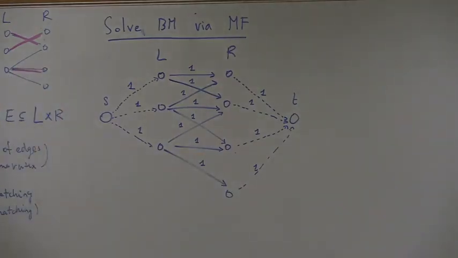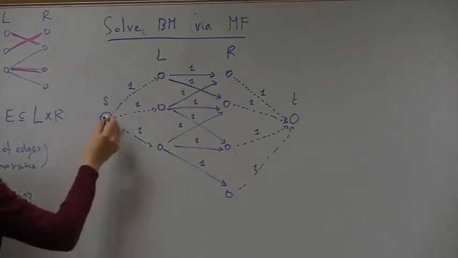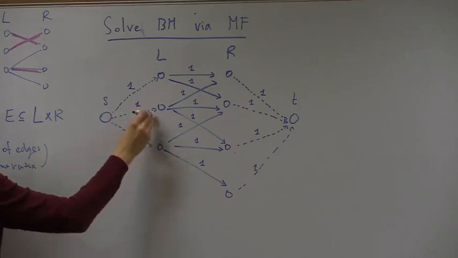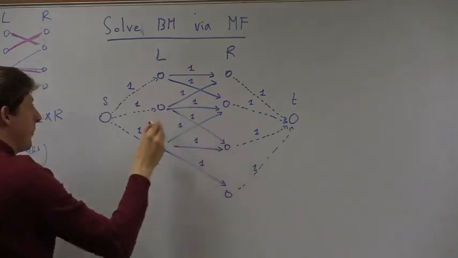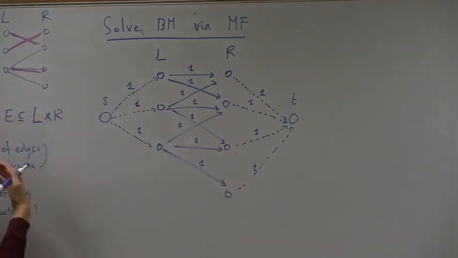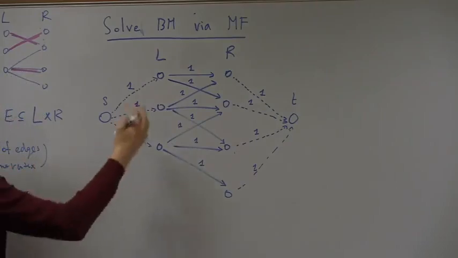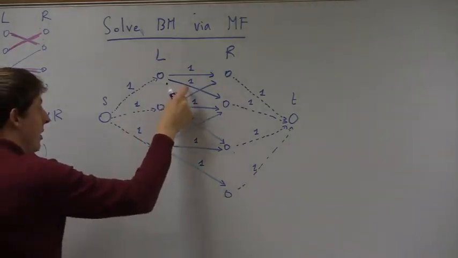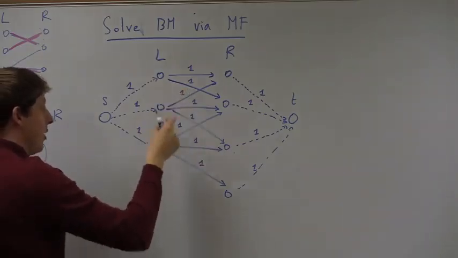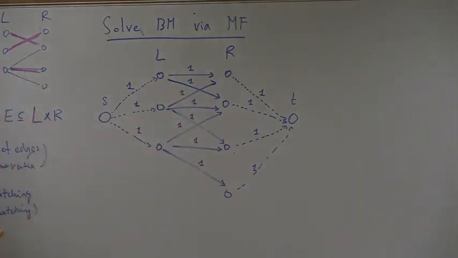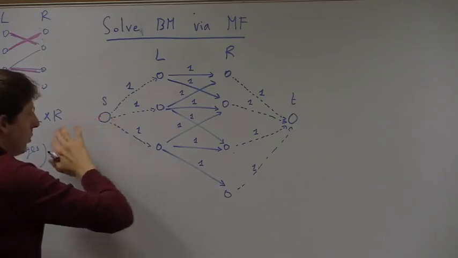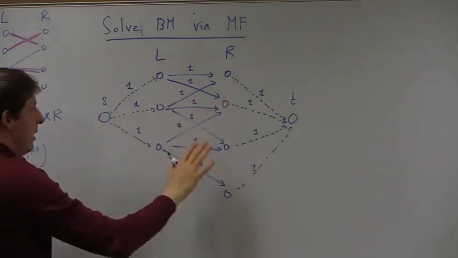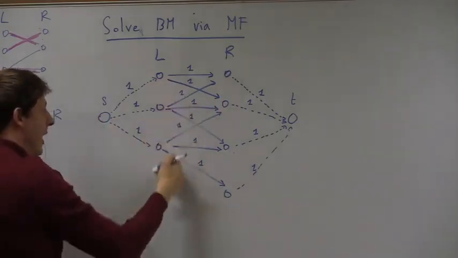The intuition here is that if a flow pushes a unit of flow onto an edge, then this unit has to go somewhere. Hopefully it will not get split, but if it doesn't get split across these different edges, then we can interpret that unit of flow as a choice, as saying, please take this edge and put it into the matching. And intuitively, if we're able to push many units of flow from S to T, then that would select more edges in here.